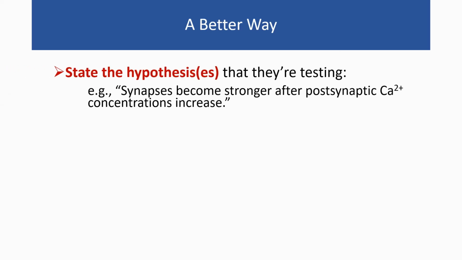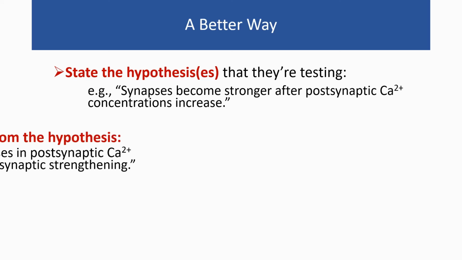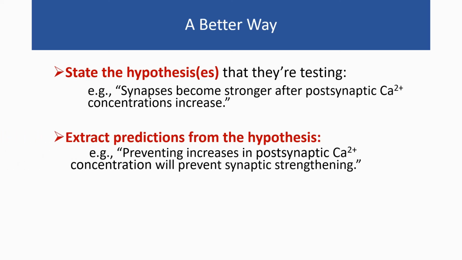And there is a better way. Rather than resorting to inaccurate and imprecise terms like sufficient to emphasize the importance of their results, scientists can simply state the hypothesis or hypotheses that they're testing, such as synapses become stronger after postsynaptic calcium concentrations increase. They can extract predictions from the hypothesis, such as preventing increases in postsynaptic calcium concentration will prevent synaptic strengthening.